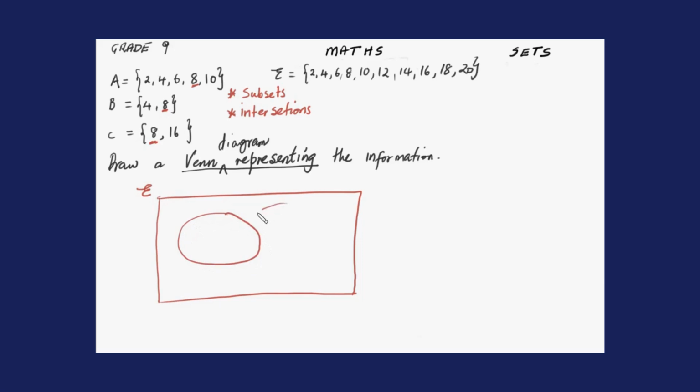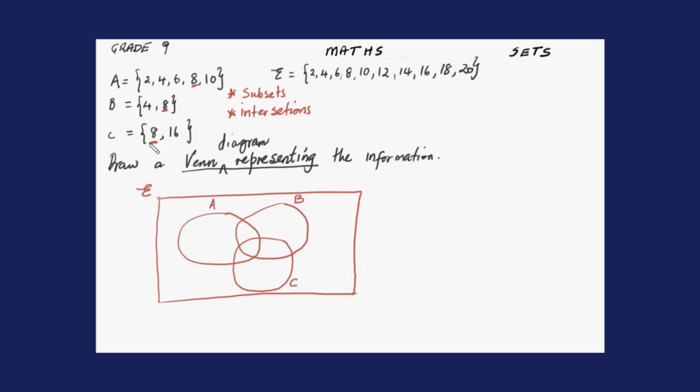Definitely, they will look like this. They will have a common intersection somewhere here. That's it. So let's call this set A, let's call this set B, and this set C.